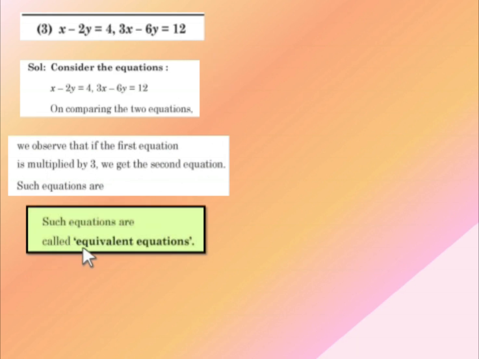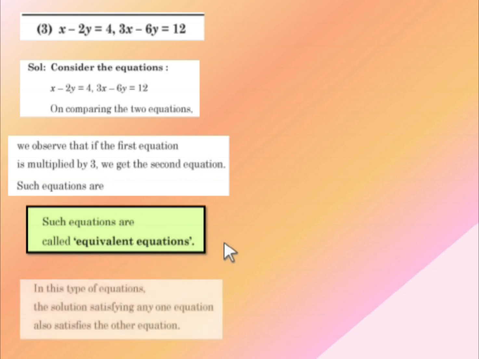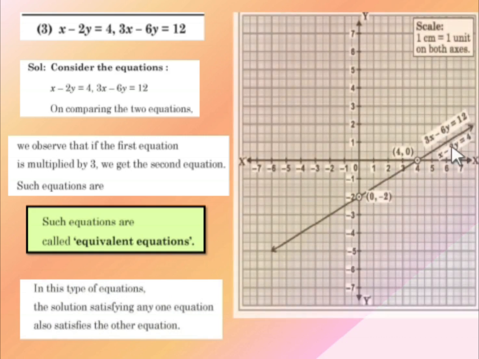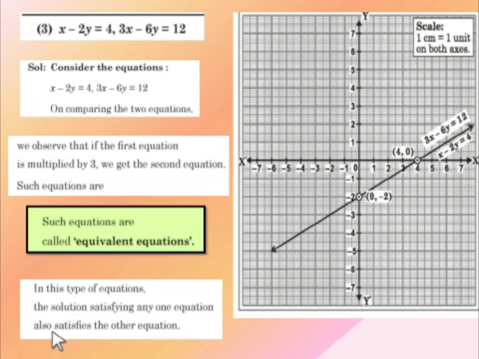These are called equivalent equations. And equivalent equations give a graph where the two lines coincide. The solution satisfying any one equation also satisfies the other equation.